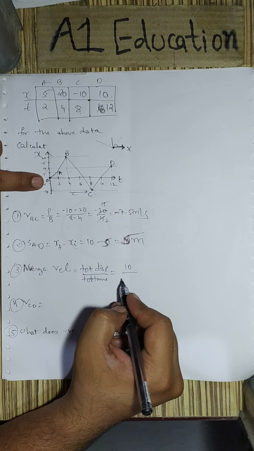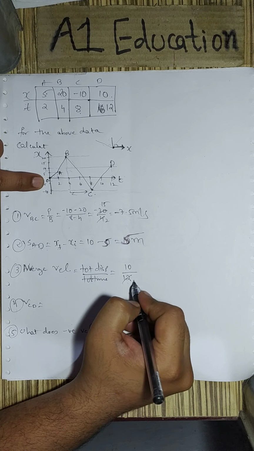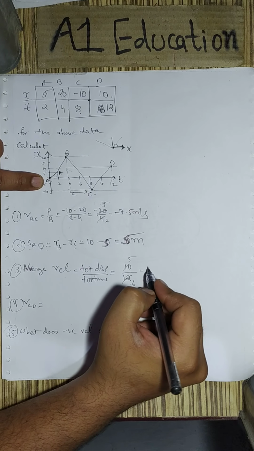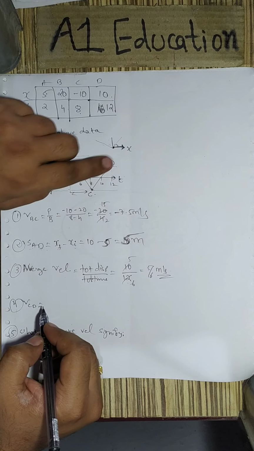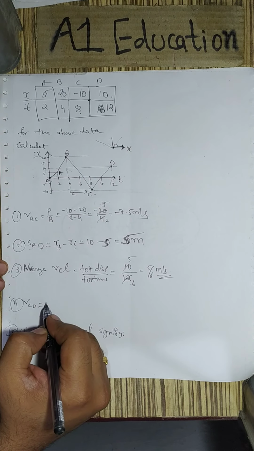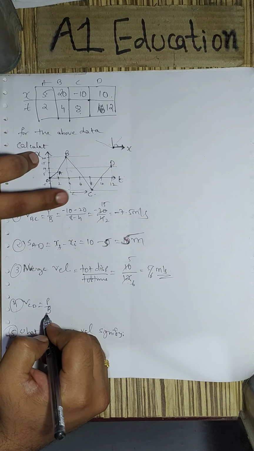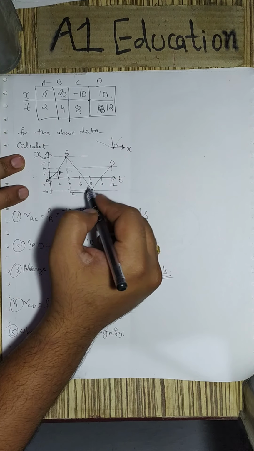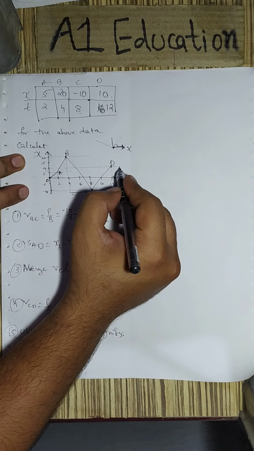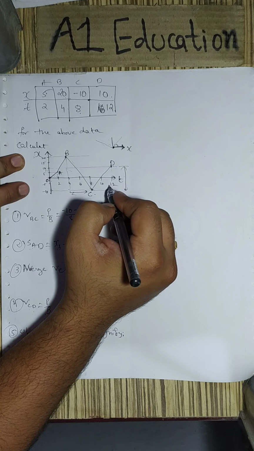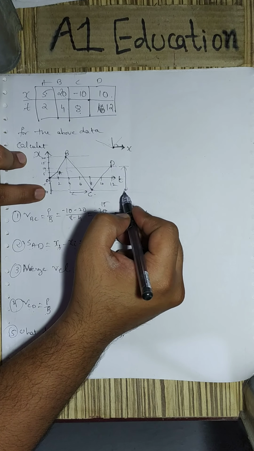And total time will be 12 seconds. So average velocity is 10 upon 12, 5 upon 6 meters per second. C to D, positive slope, positive velocity, again perpendicular upon base. In a displacement time graph or position time graph, its slope will give you velocity. The formula for the slope is perpendicular upon base. This is the perpendicular, the value is 10, here the value is minus 10.